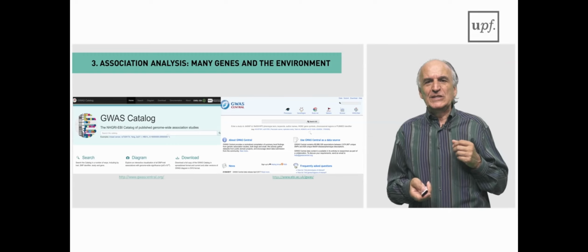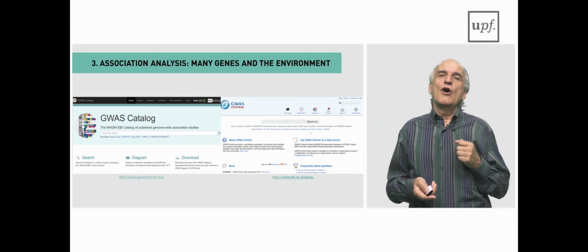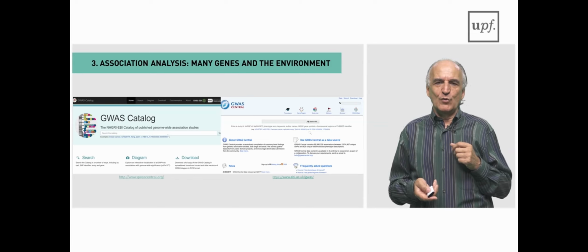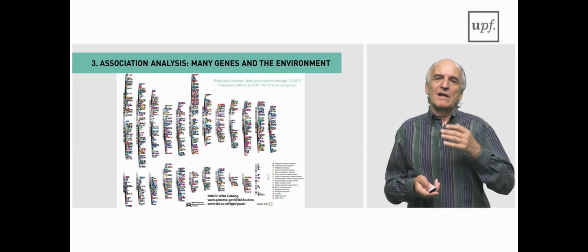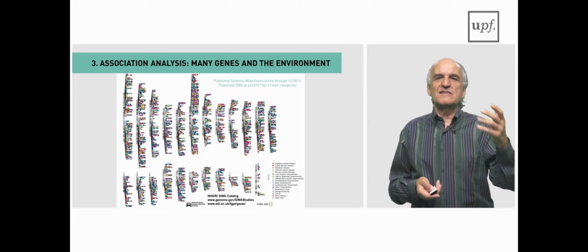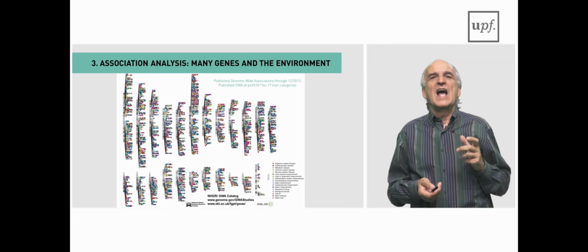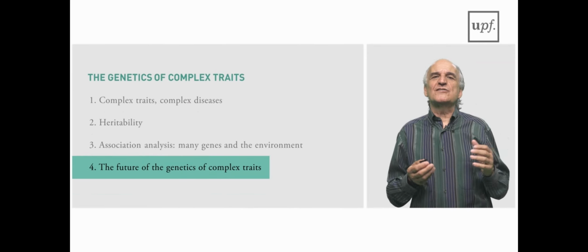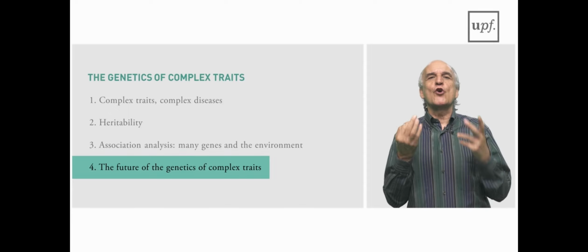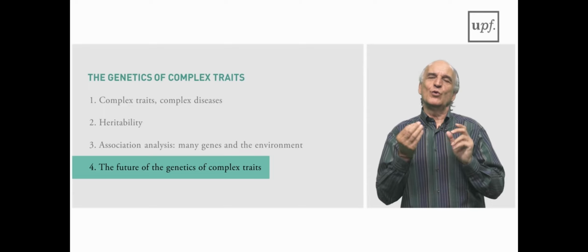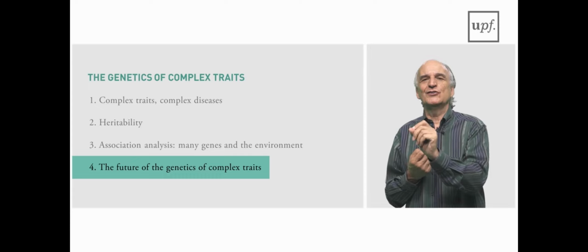To have information on that, there is the GWAS catalog, in which you can see thousands of cases in which they have been worked out. And today we already have maps of genetic diseases, maps of the genome with the susceptibility genes, and the genetics of complex traits is a field in which people are still trying to discover new places in the genome and, what is more important, to understand how these places in the genome are related to the disease.